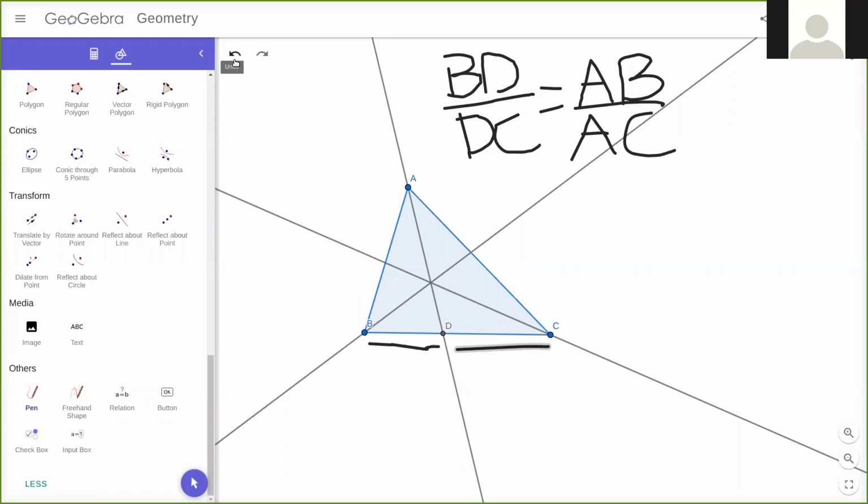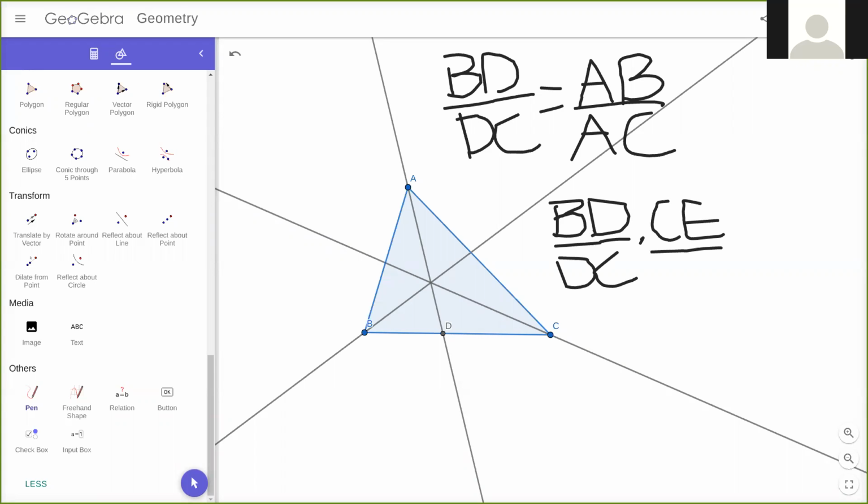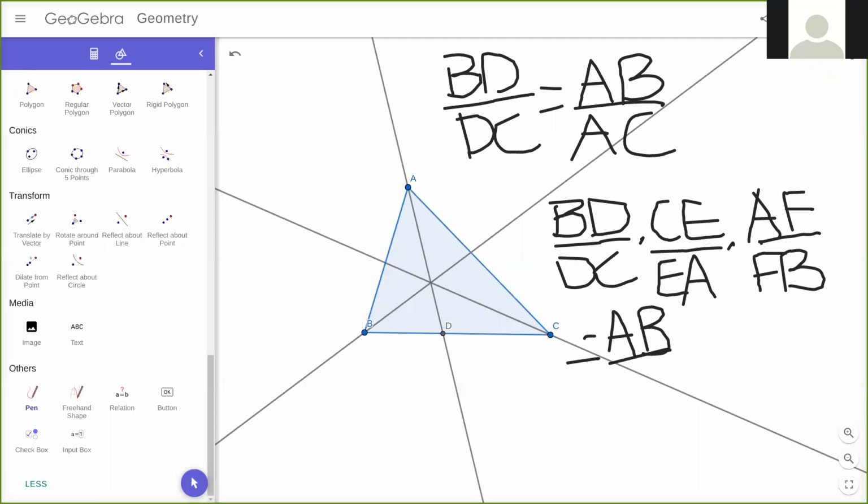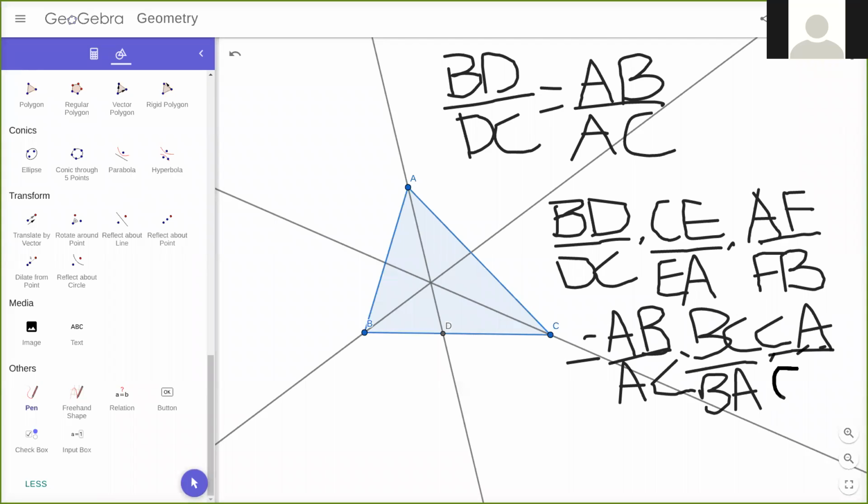And with this property, we can use Ceva's theorem to show that BD over DC times CE over EA, I'm just going to assume they're defined similarly, and then times AF over FB, this equals, as we saw here, BD over DC is just AB over AC, and then CE over EA is just BC over BA, and then AF over FB is equal to CA over CB.